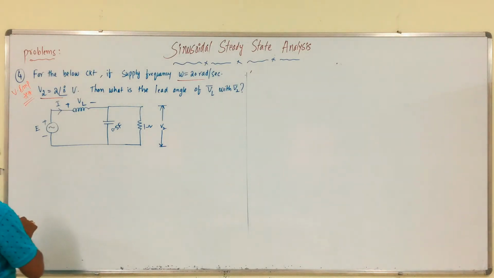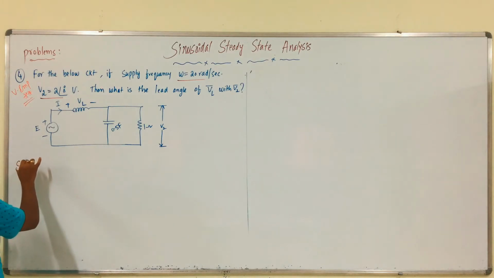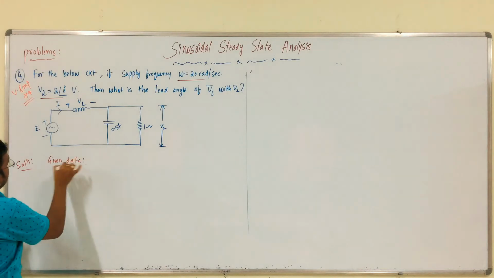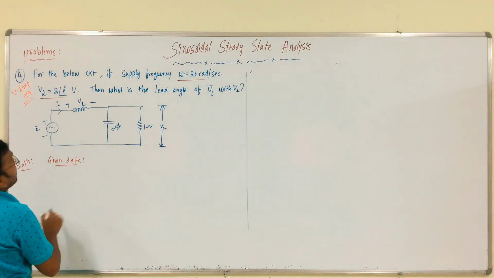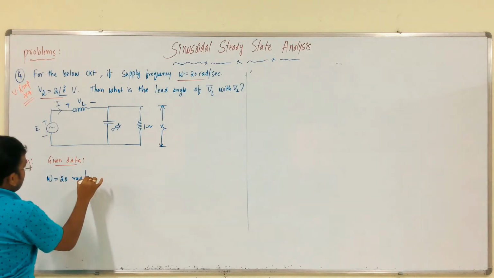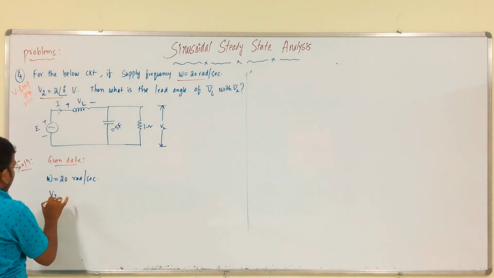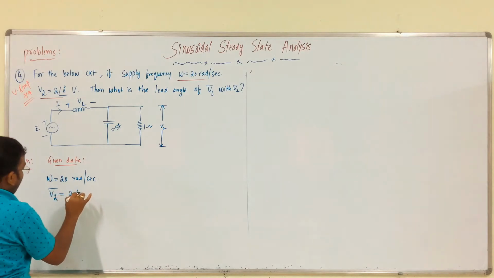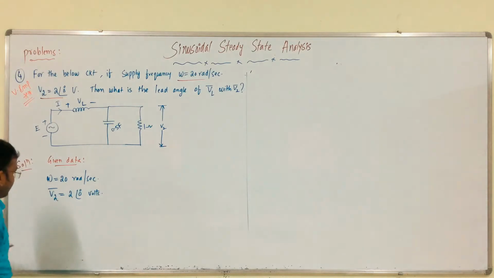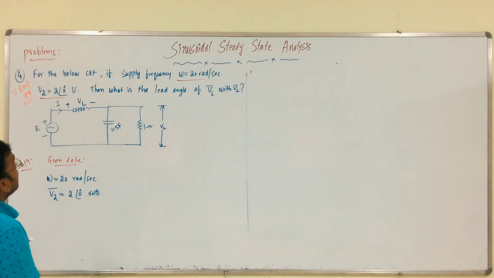So in the solution, first we have to write the given data: omega is 20 radians per second, and V2 is 2 at an angle 0 volts. Then he wants the lead angle of VL with V2.